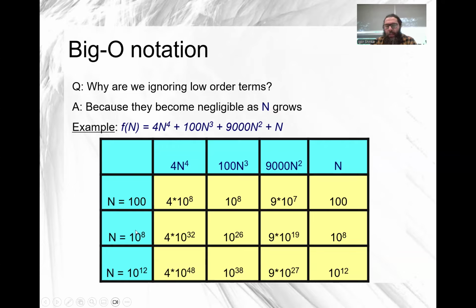But when n is on the order of millions, then we already see that n to the fourth is larger than all other terms by a huge factor. So even if we had n to the 4 compared to n squared, even if n squared is multiplied by a huge number, when the inputs become really large, still n to the fourth is the dominant factor. The dominant factors are the important ones, and everything else we can sort of ignore because for large n's they don't make a difference.